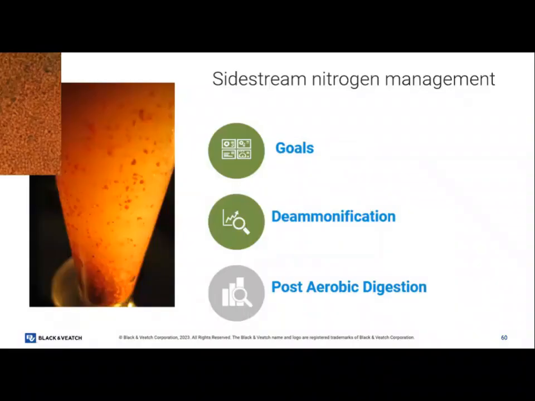And I'm going to jump up to this slide here. These bacteria are these red ones here. Large granules, kind of like 2 millimeter granules that are growing. So keeping them in a reactor is actually very easy. They settle very well. They're hard to wash out because they're so dense. Some of the technologies actually look at having these grow on media.